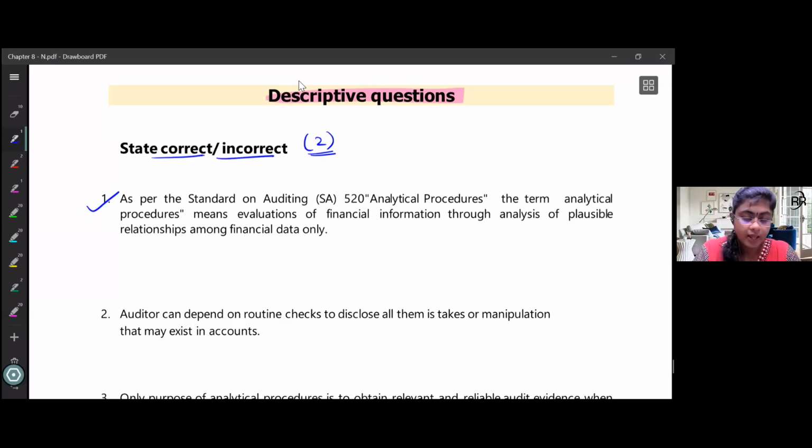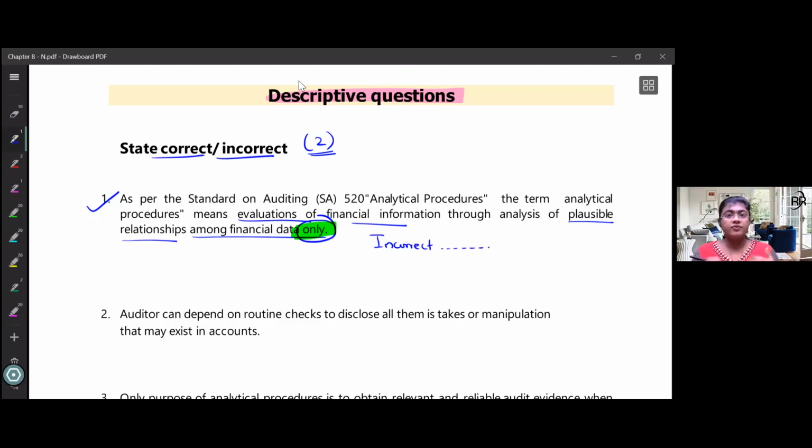First one. As per SA 520, the term analytical procedures means evaluation of financial information through analysis of plausible relationship among financial data only. So the answer is incorrect.